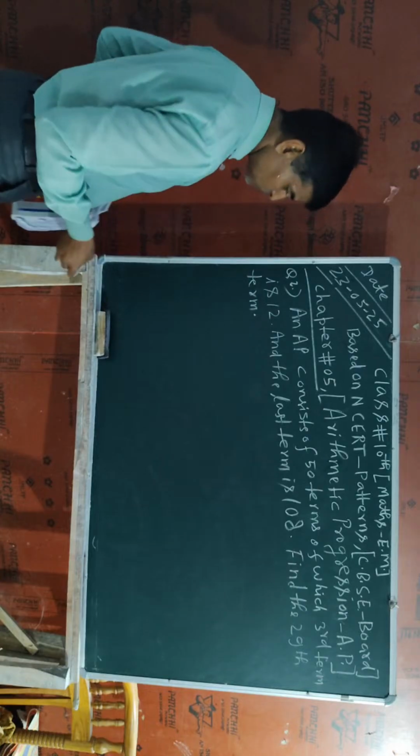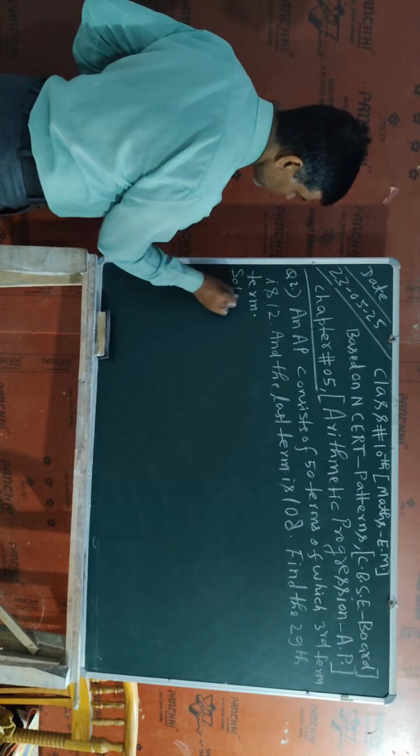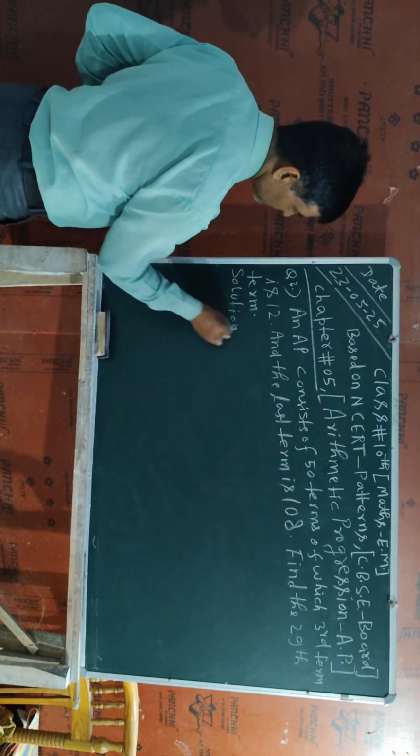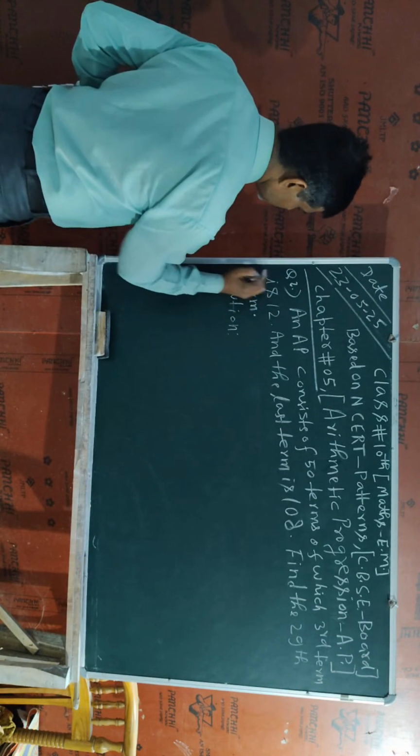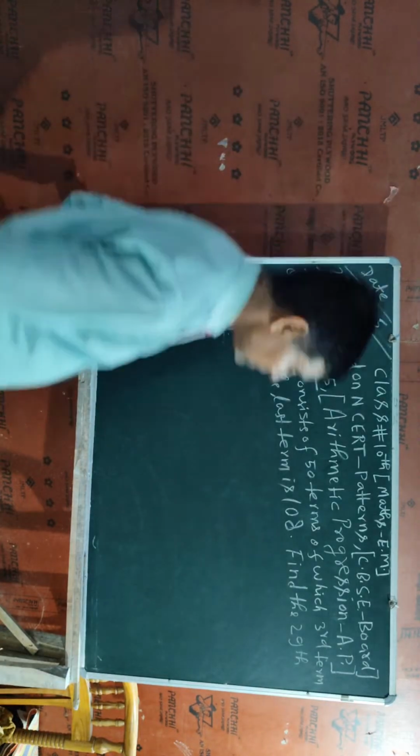Okay student, so this is the information of the question, and you have to read it properly. After reading it properly, you have to write all information which is available in the question.